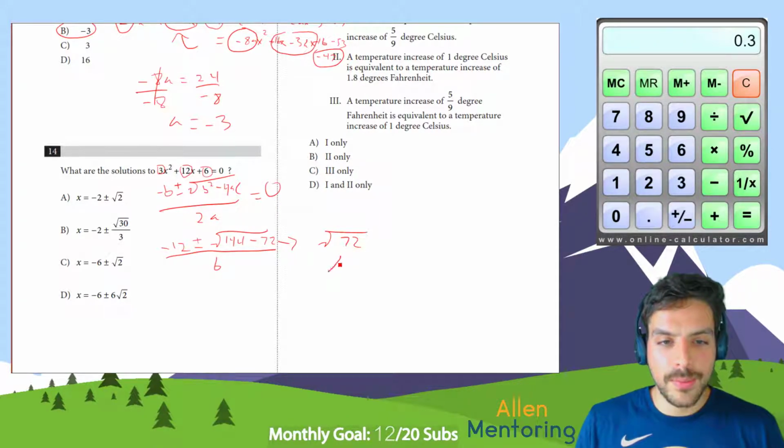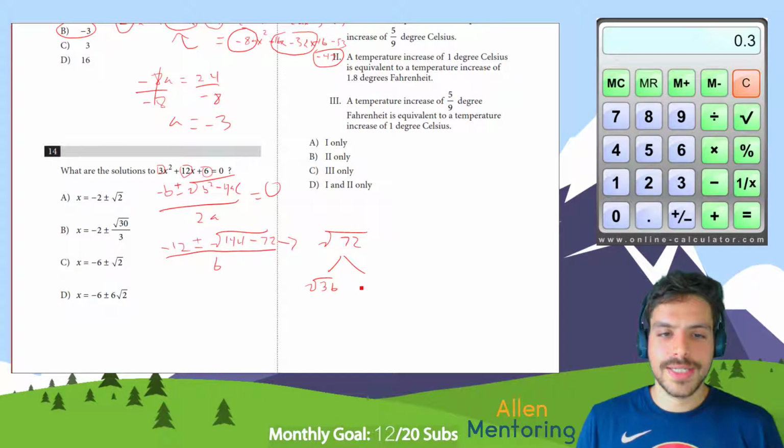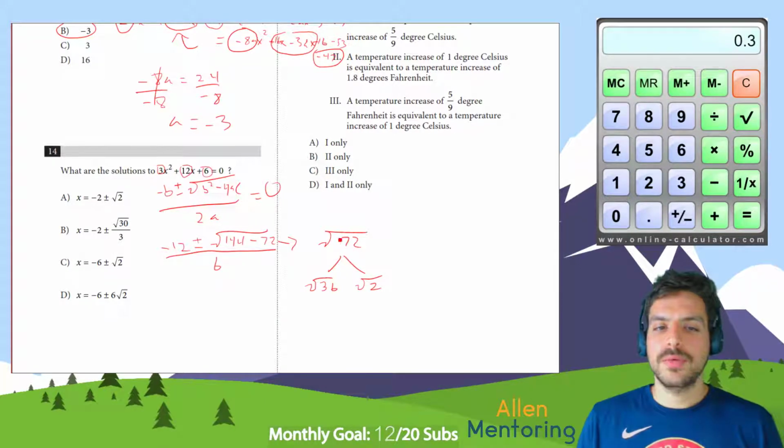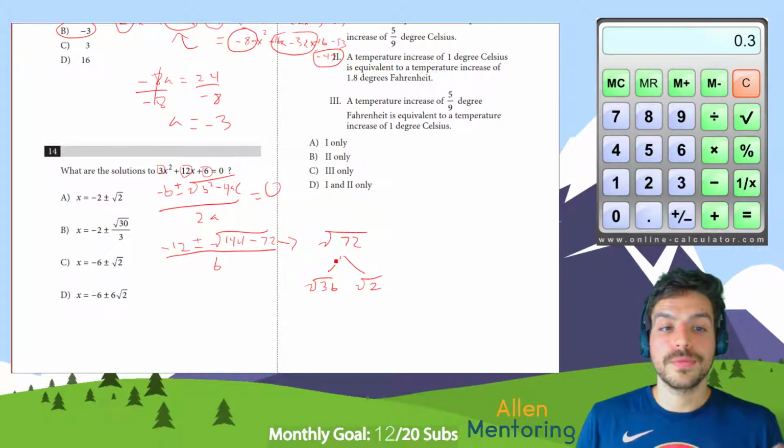So we see that we can break this down into the square root of 36 times the square root of 2. This times this will equal the square root of 72. And so how does this help us? Well, we know the square root of 36 is equal to 6. Okay, so 6 times the square root of 2 will be equal to 6 root 2.